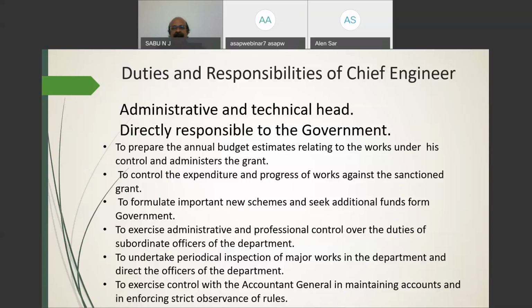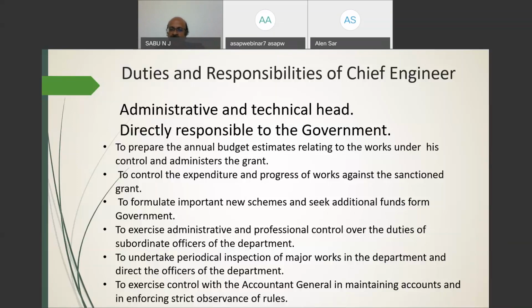Project proposals are to be collected from the various departments and sent to the finance department. For an engineering department under the chief engineer's jurisdiction, there are many circles, under each circle there are many divisions, under each division there are many subdivisions, and each subdivision has many sections.